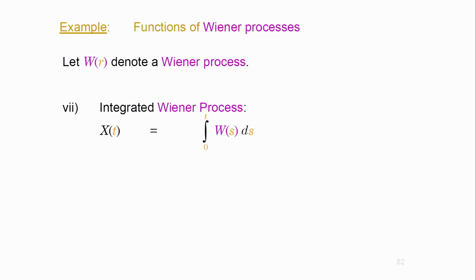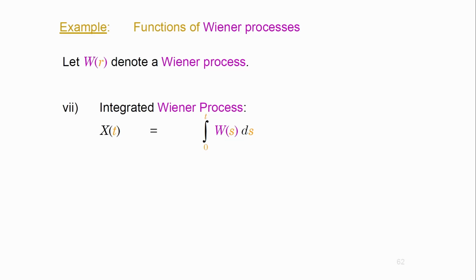You can look at that as the random area that the process generates together with the x-axis. But keep in mind it can also be negative, because integrals don't really correspond to areas unless the function is non-negative. Since the Wiener process can be negative, you can have so-called negative areas, if you like. So that can happen.